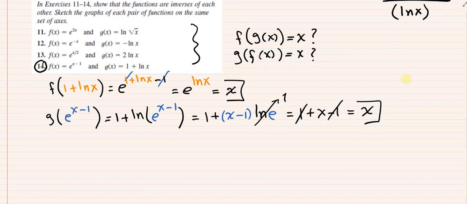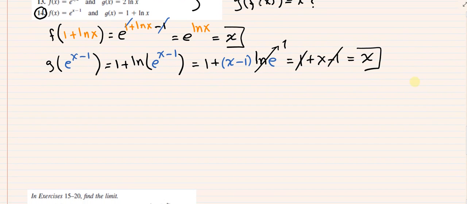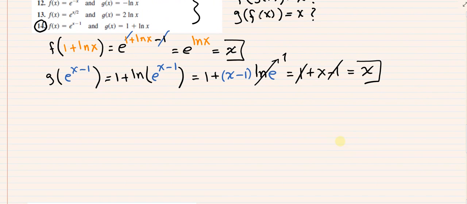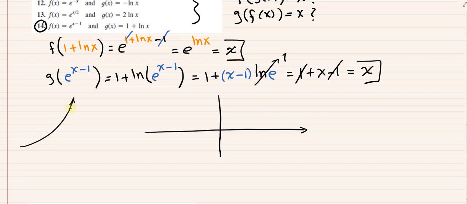Now, as far as the graph of these go, I'm going to just do a rough sketch of the graph of these two. Let's see. The graph of e to the x is going to look like this, right? That's e to the x. E to the x minus 1 actually will cause a horizontal shift of the graph to the right.